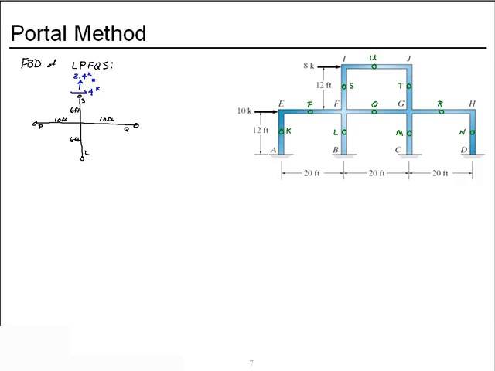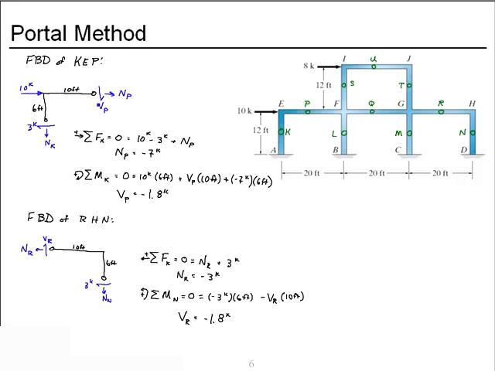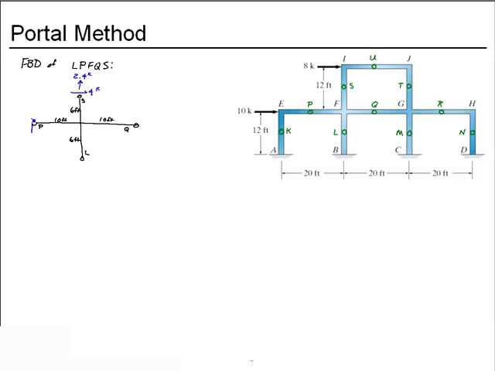Now let's look back to point P. And here we found that the normal at P is a negative 7 kips, and the shear at P is a negative 1.8 kips. So we'll add those to our free body diagram.